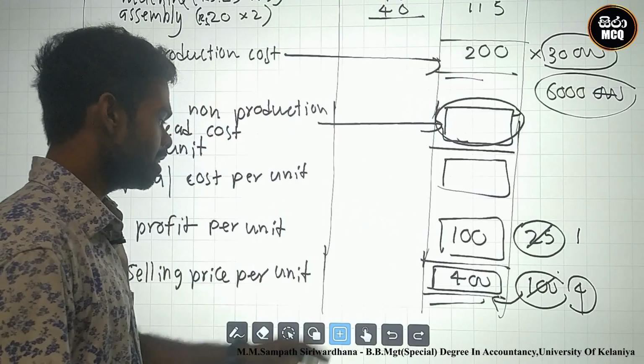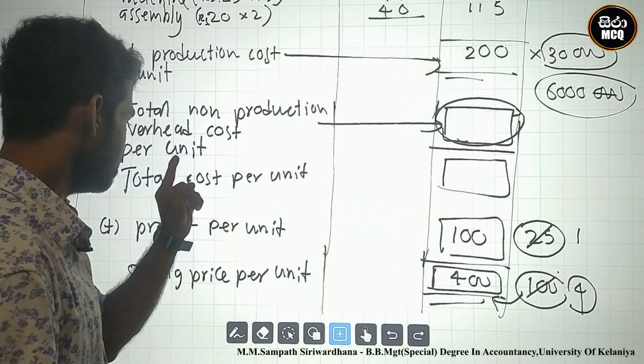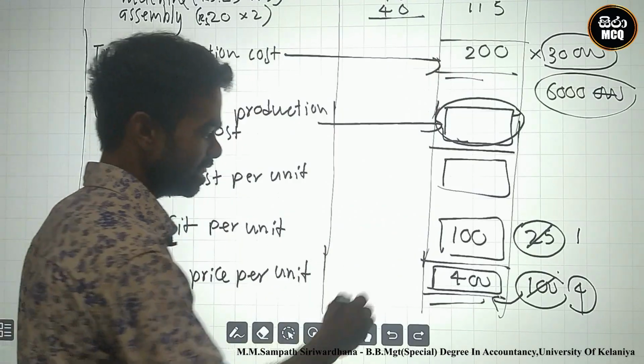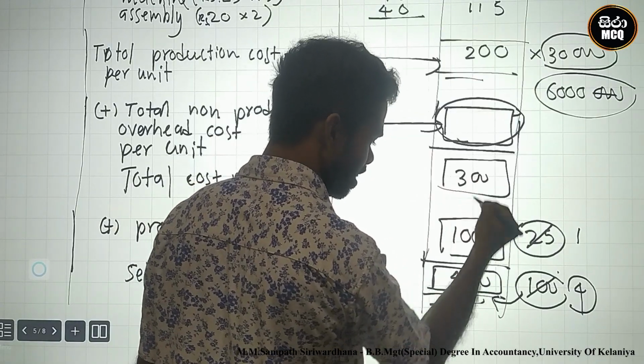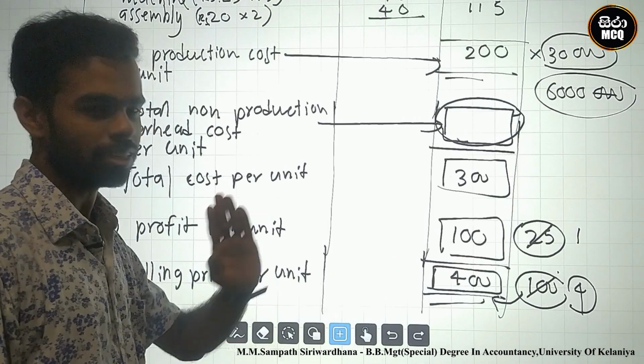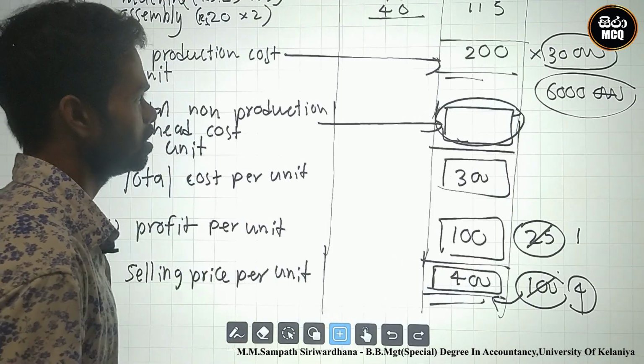Now 100 is the profit. What is the total cost? 300. You know 300 add to profit, after that we can calculate 400. Okay, this is the total cost.